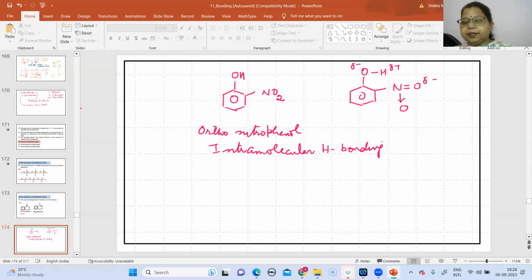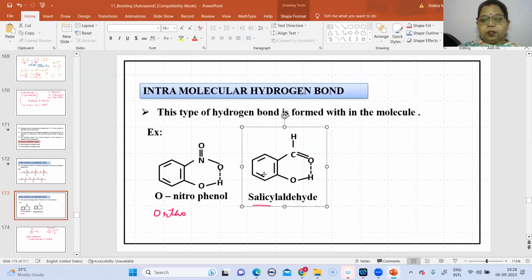This one is delta negative. So this forms a hydrogen bond, right? It is within the molecule, therefore it is called intramolecular hydrogen bonding. There are only two examples in your syllabus. One is orthonitrophenol and the other one is salicylic acid.